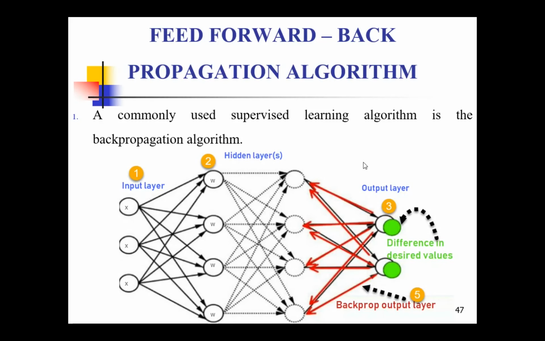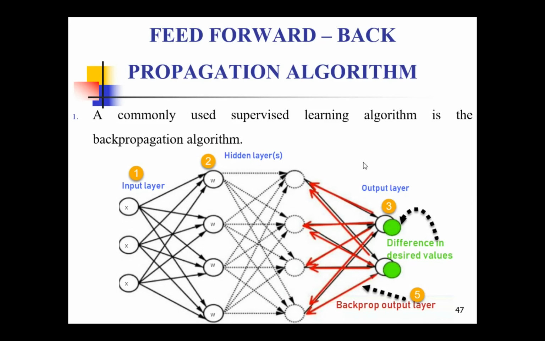Here you can see the input layer, the output layer, and the two hidden layers. The number of neurons in the input layer is 3, whereas the number of neurons in the output layer is 2. In the output layer we have a green dot, which is the difference in value, the difference between the actual experimental value and the value given by the network model.